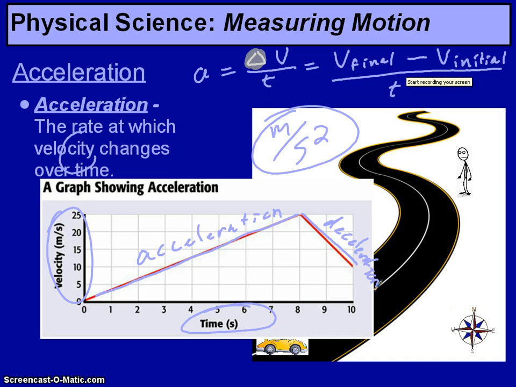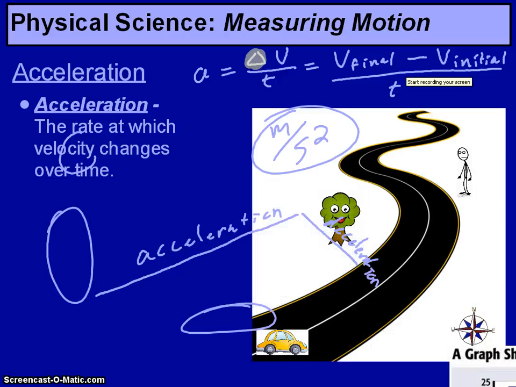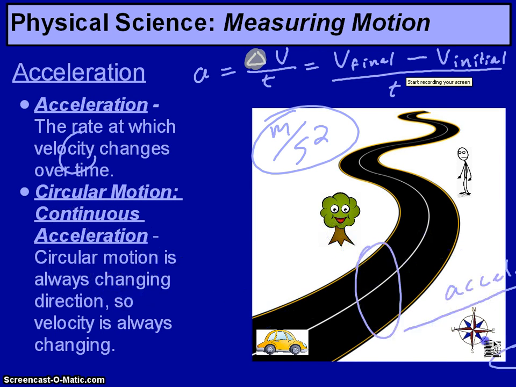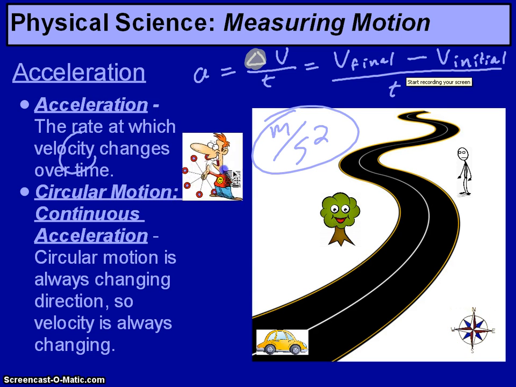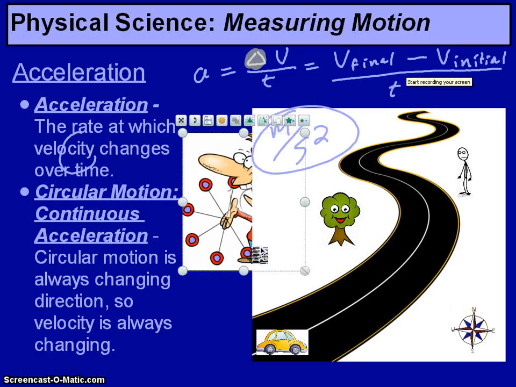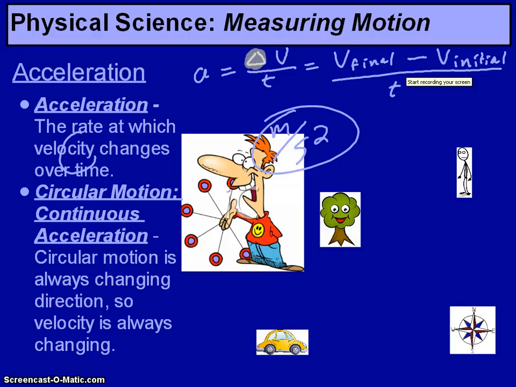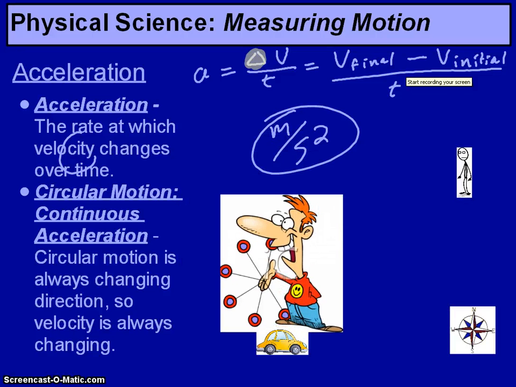Okay, now I'm going to take one last slide, because we've actually gotten through most of the stuff that we needed to get through. The last thing I want to talk about is circular motion. In other words, what's happening to the acceleration in this little cartoon right here.